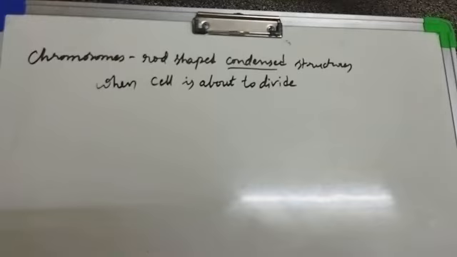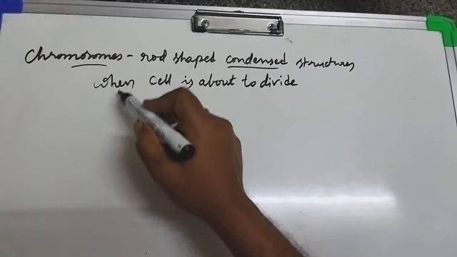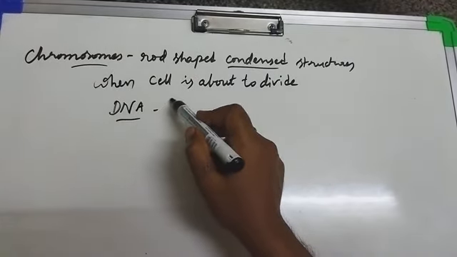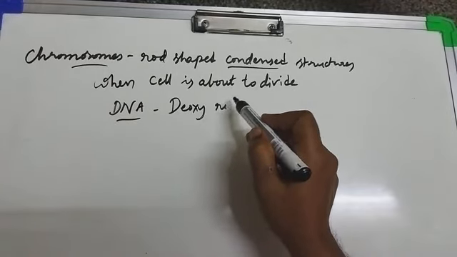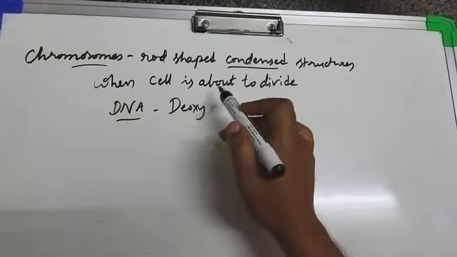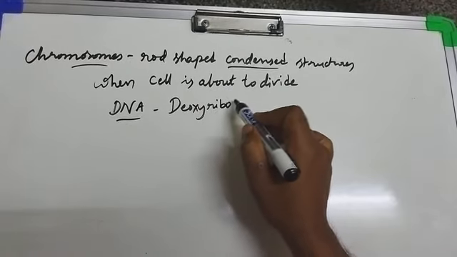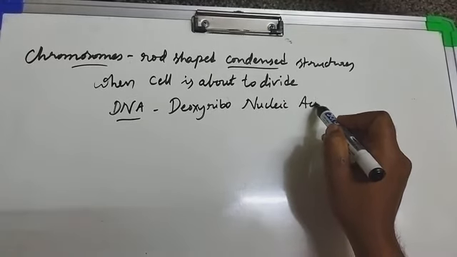Okay, so chromosomes contain the genetic material in the form of DNA. What is DNA? Deoxyribonucleic acid.